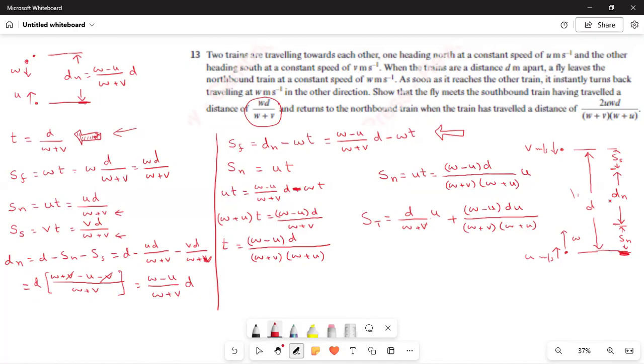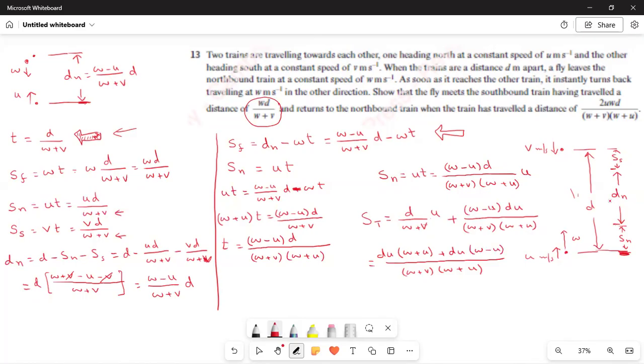So let me add these two quantities. My common denominator would be (W plus V) and (W plus U), and here I will have DU into (W plus U), plus DU into (W minus U).